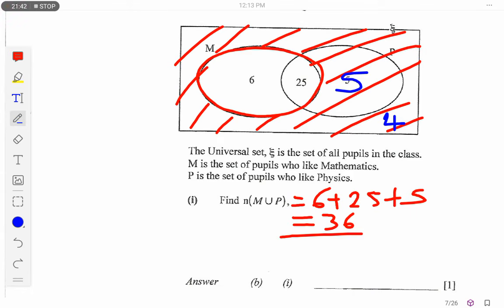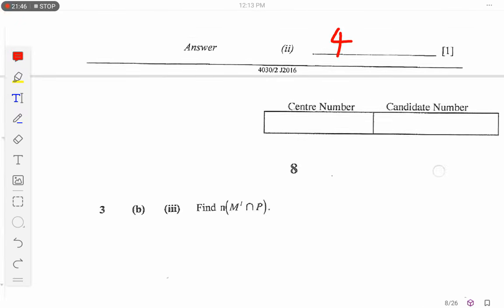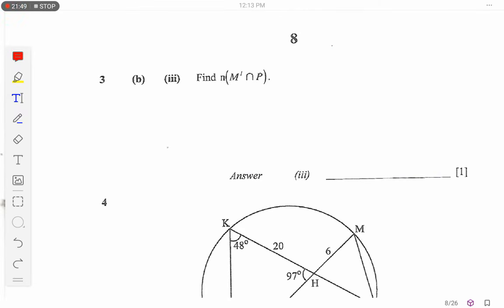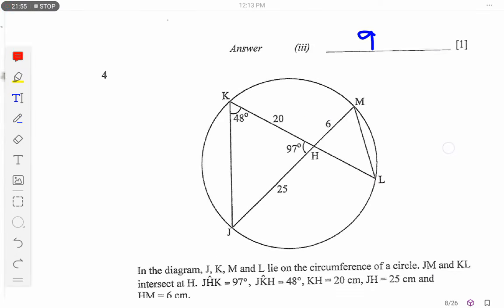Remember we have 40 students, so the total number of students who are not doing mathematics intersection P is equal to 4 plus 5, which is equal to 9. So that's our final answer there.